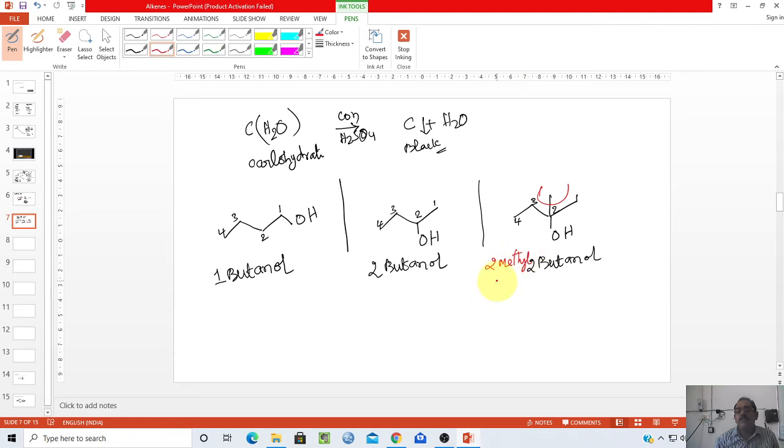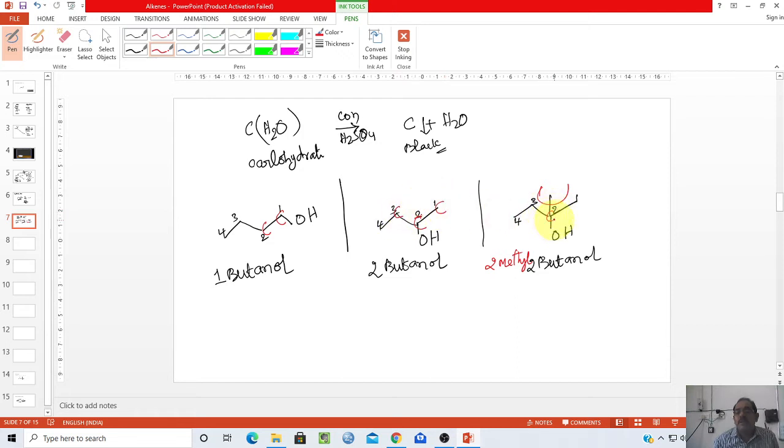Okay. So what are the differences between these carbons? A carbon attached to only one carbon. A carbon attached to two other carbons.